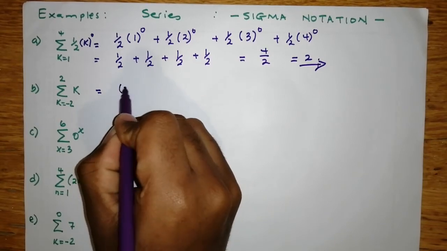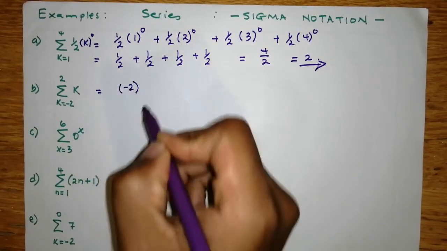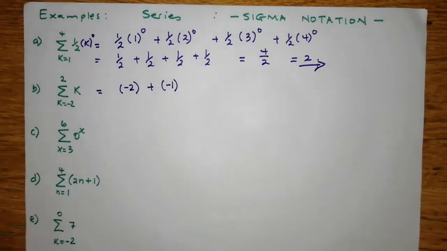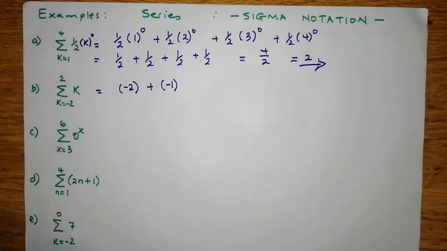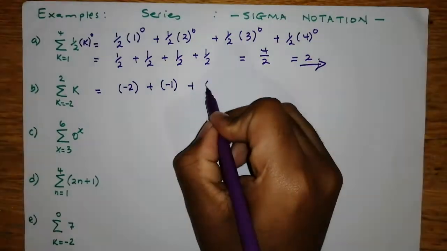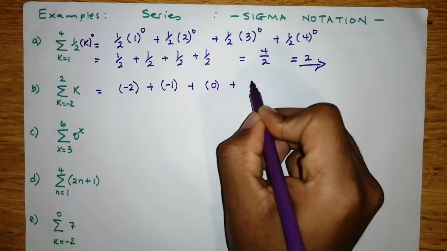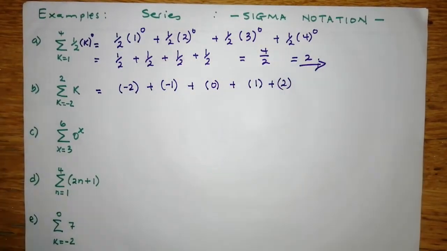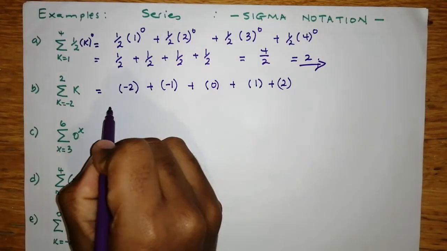So basically it's negative 2 plus negative 1. So remember that we are increasing in steps of 1, right? Plus 0 plus 1 plus 2, right? So we are done.